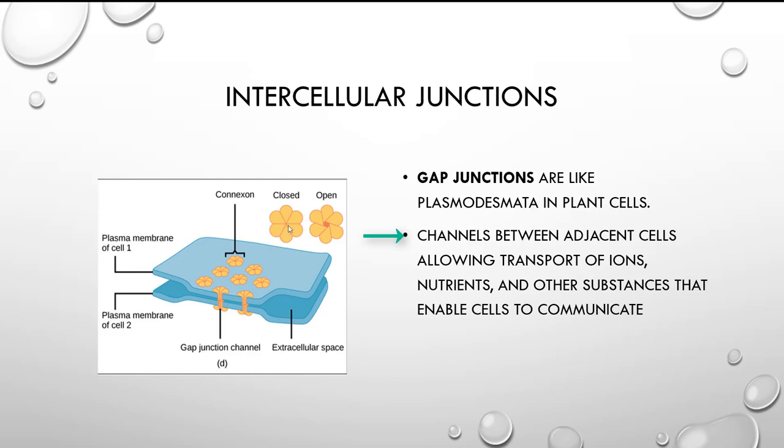In this case, you can see what it looks like when it's closed and what it looks like when it's open. So two cells can pass ions, nutrients, and other substances, so they can communicate back and forth. All right. So gap junctions allow for things to pass through. Desmosomes anchor two cells together like rivets, and then the tight junctions are watertight seals.